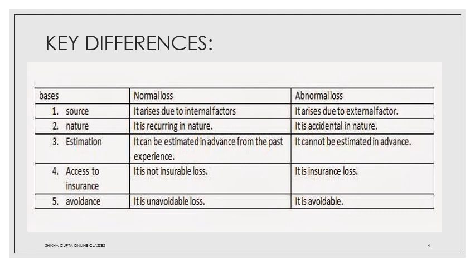Insurance is done only for those things which can or cannot happen, where there's a probability. So for abnormal loss, yes, you can have insurance. Fifth is avoidability. Normal loss is unavoidable, it is not in our hands, it will occur. And abnormal loss, yes, it is avoidable to some extent.